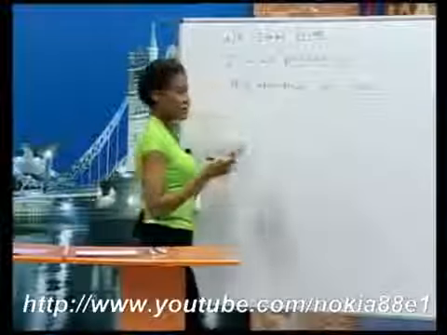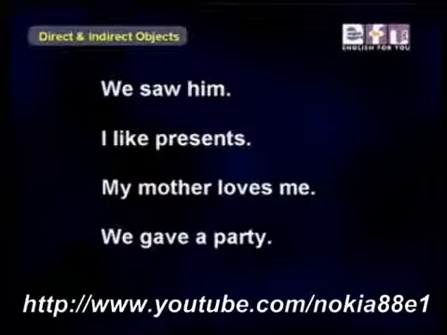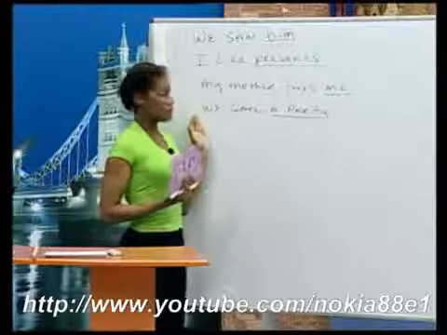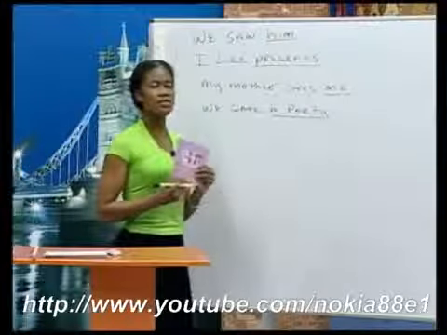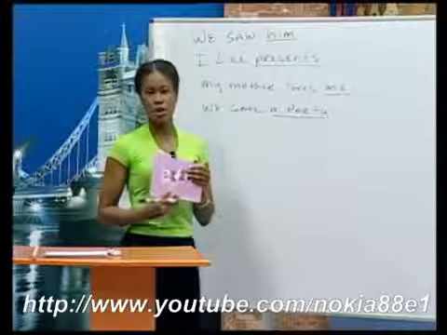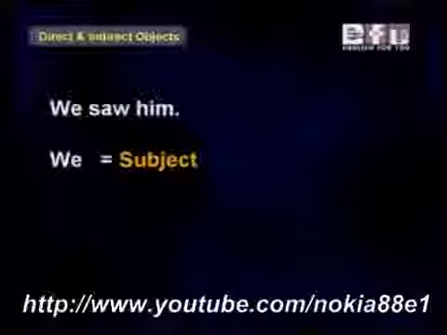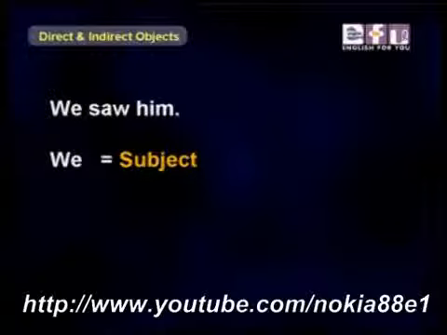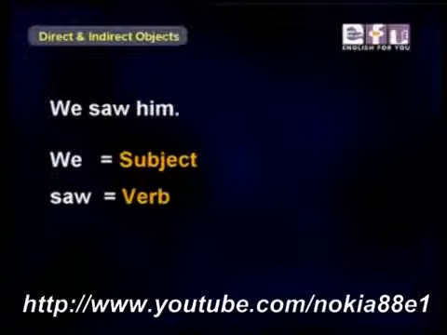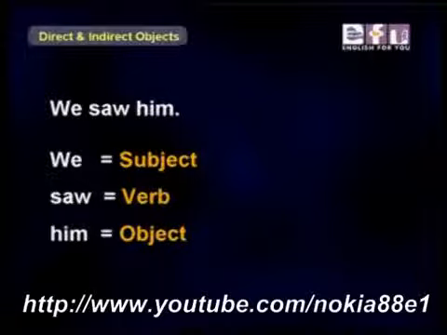We gave a party. So let's look at the different parts of speech in these sentences. We is the subject, saw is the verb, him is the direct object.